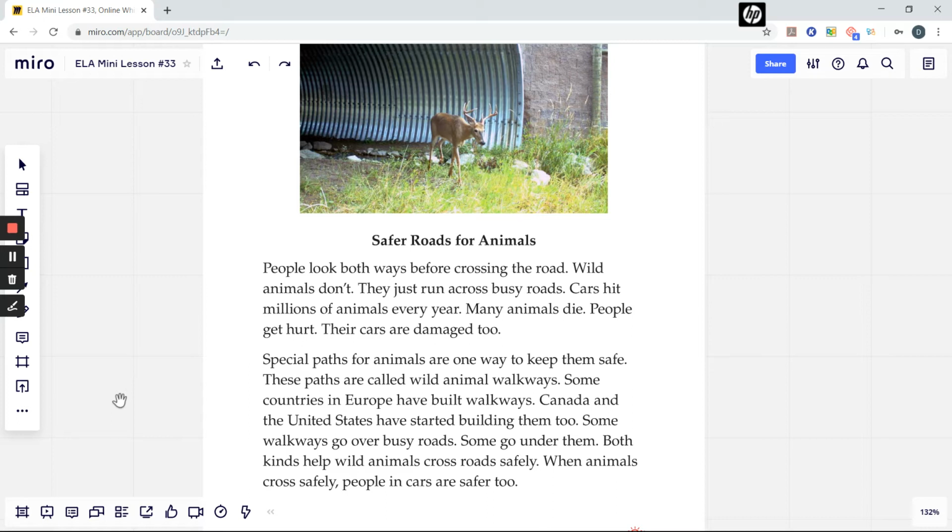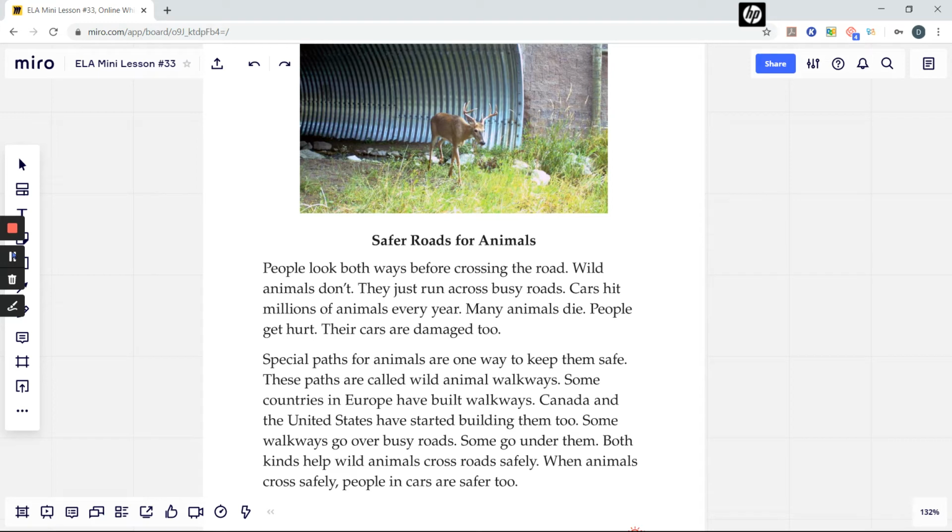So I'm thinking this paragraph is about animals that try to cross busy roads. It sounds like a problem. This sentence tells one part of the problem. Cars hit millions of animals every year.